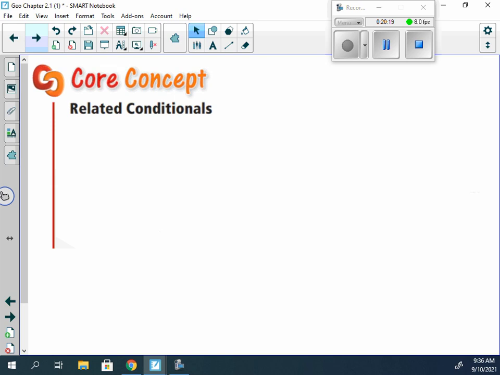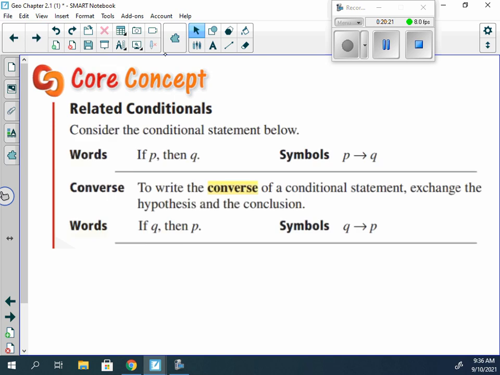All right, related conditions. Consider the statement below. If P, then Q. So that would be our normal if-then, our conditional statement. Its converse would be if Q, then P. Well, what did I do?